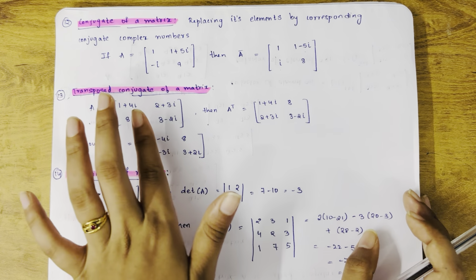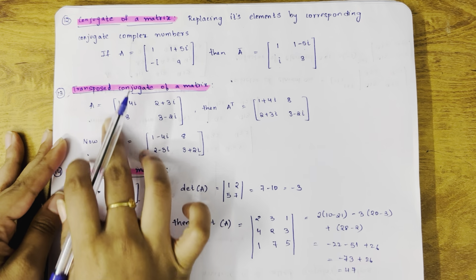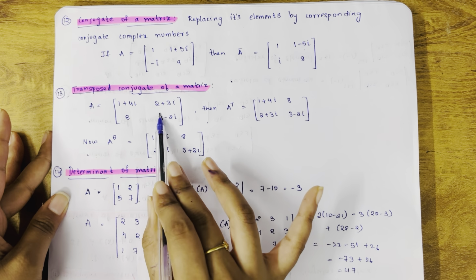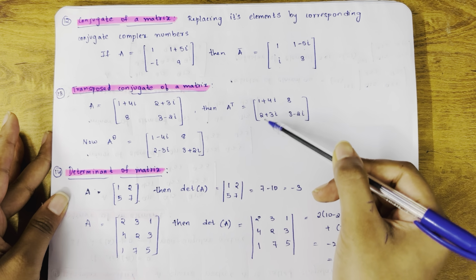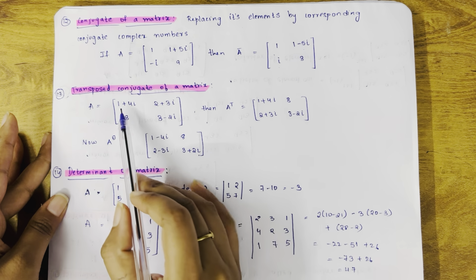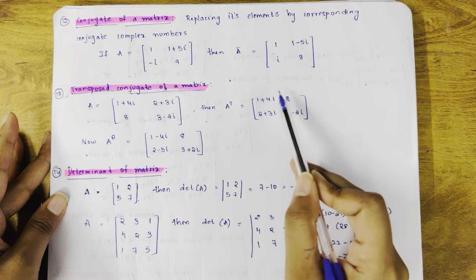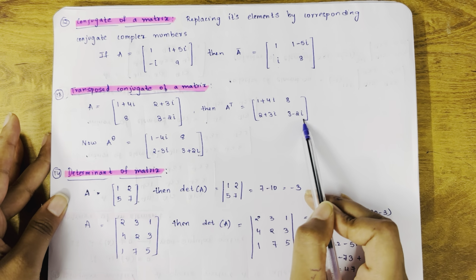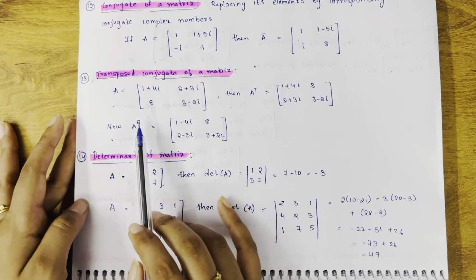Now, the transpose conjugate of a matrix. That is also easy. We have a matrix A. Observe this matrix. First we do the transpose, meaning rows and columns we interchange. So 1 plus 4i here, then 8 goes up, then this comes down and this comes here. So we are doing the transpose, and on the transpose we do the conjugate.